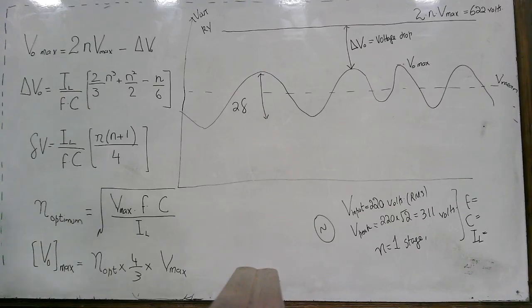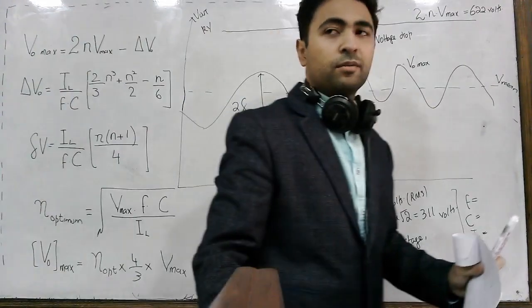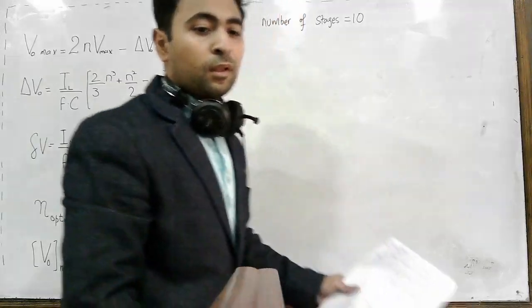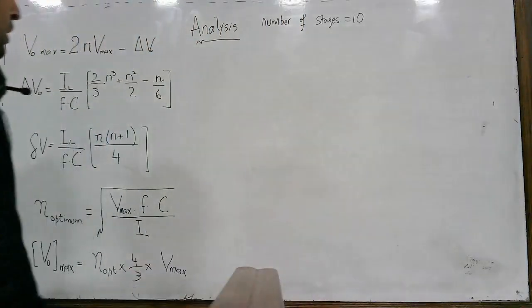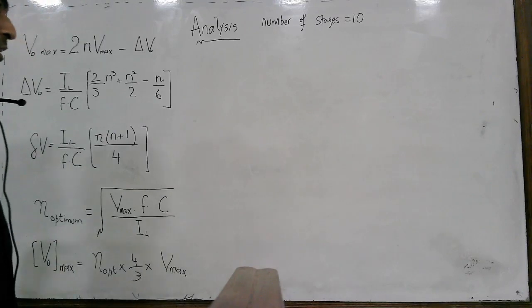So keeping these equations in your mind, and this concept of output waveforms, now we are going to solve one practical circuit of the Cockcroft-Walton multiplier. So there we go with the analysis of a Cockcroft-Walton multiplier circuit.